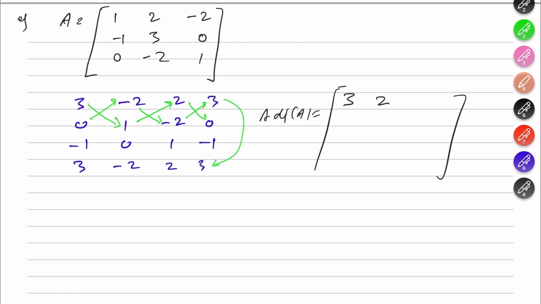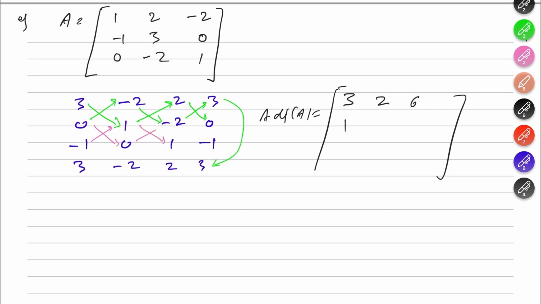So 0 minus of minus 6 becomes 6. Then this is 0 minus of minus 1, so that becomes 1.